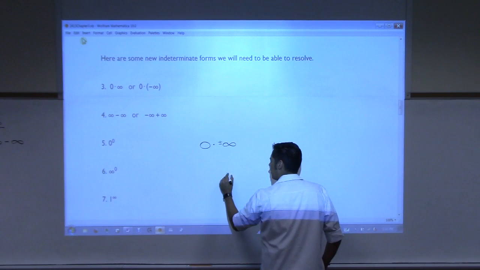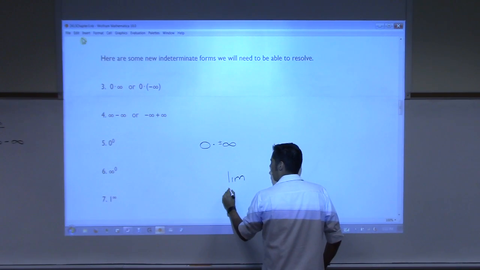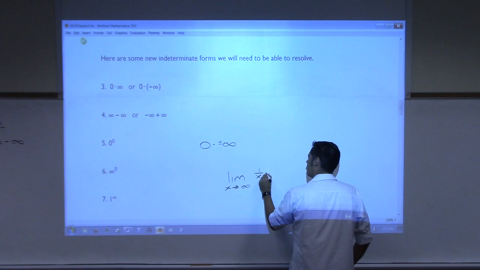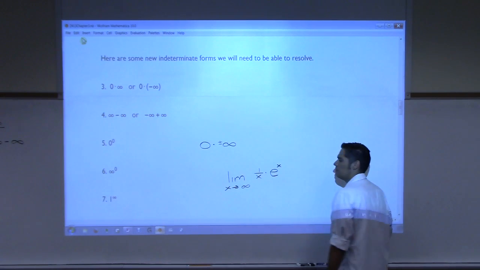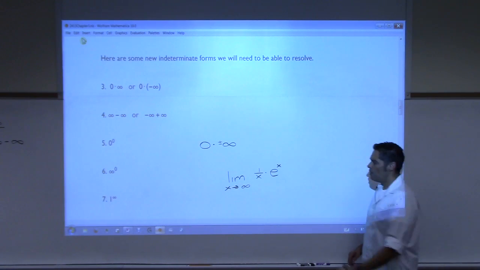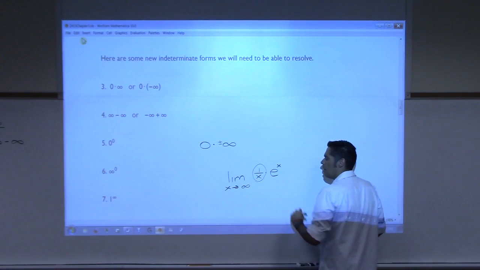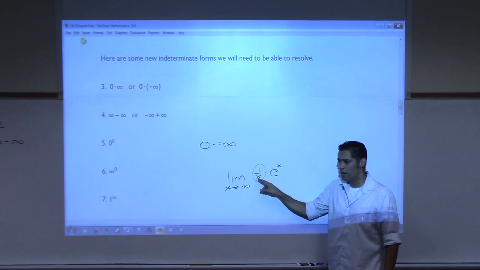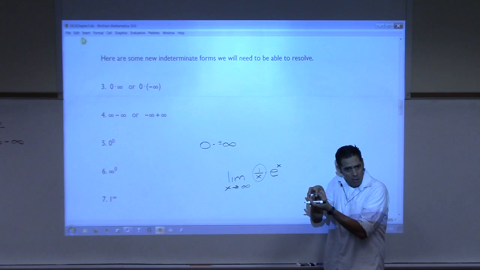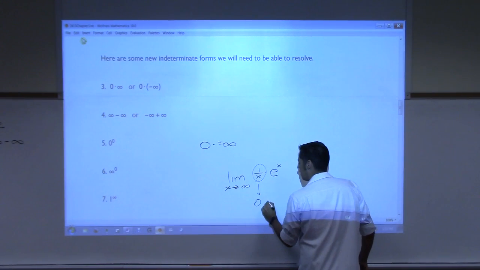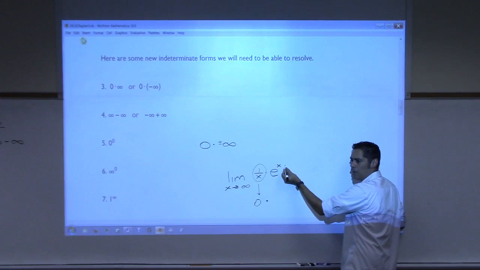All right? Let's say we had the limit as x goes to infinity of 1 over x times e to the x. So what does this head to as x goes to infinity? 1 over a huge number, right, is going to get very small. So this is headed towards 0 times e raised to a big number.